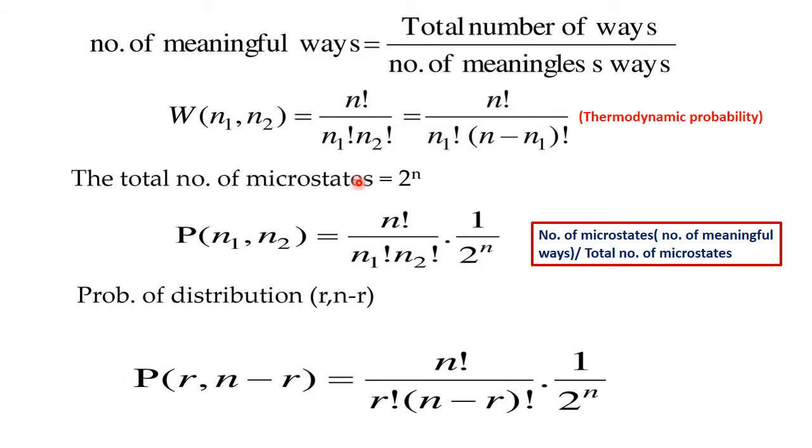Further, the total number of microstates we have already calculated is 2 raised to the power n.